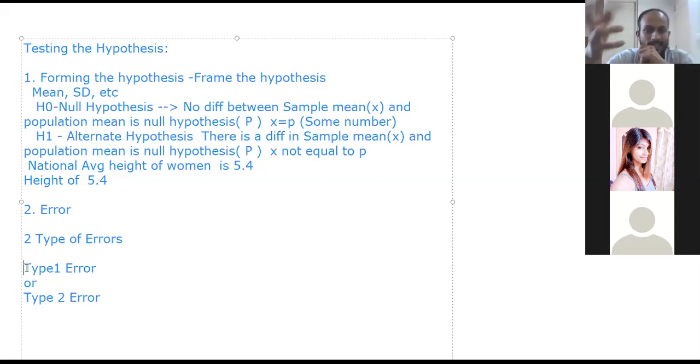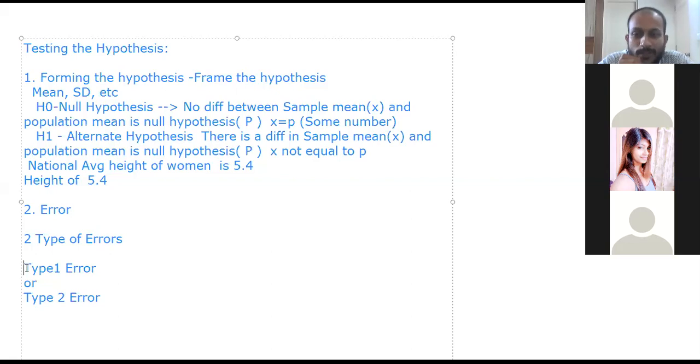Are you able to understand the second choice I'm making? You will choose the wrong one, that is an error. When you don't choose the right one, that is also an error.